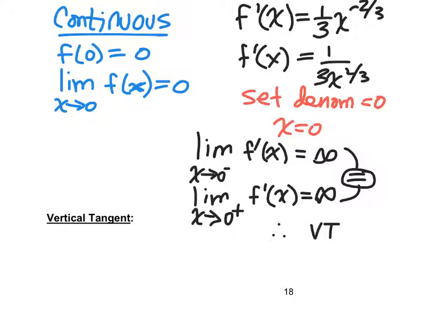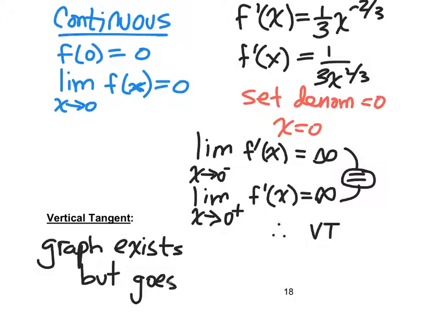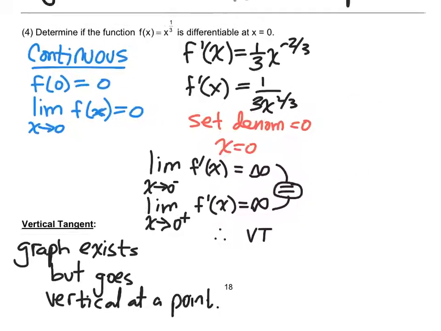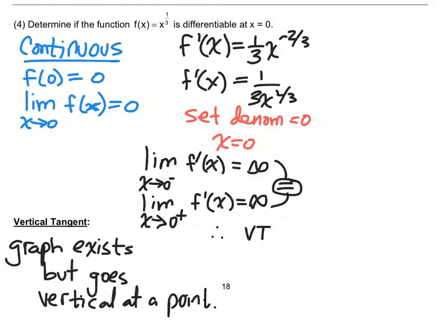All right, so the graph exists, but goes vertical at a point. All right.